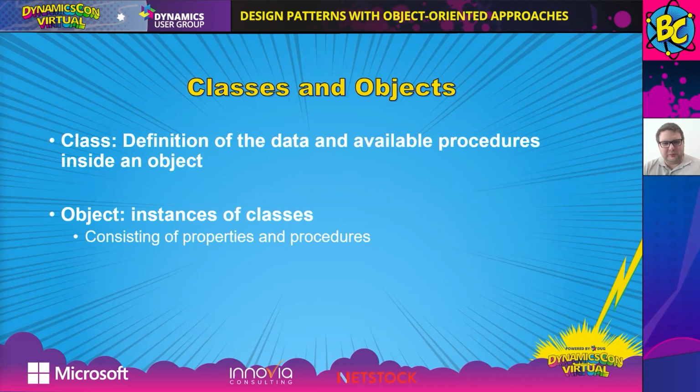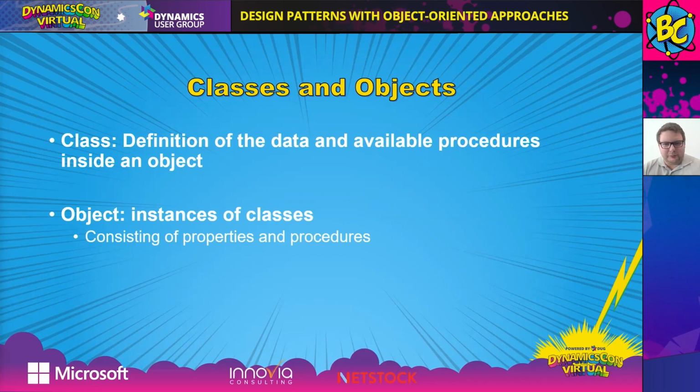We talk about 2 terminologies, mainly classes and objects. A class is a definition of data and available procedures, and an object is an instance of a class.